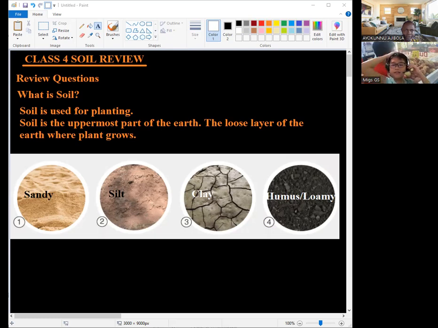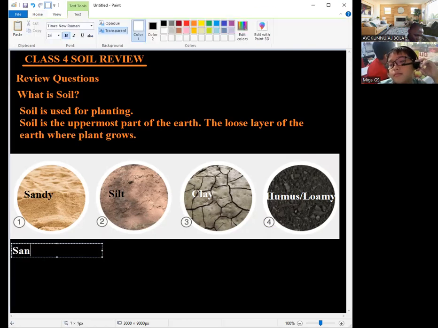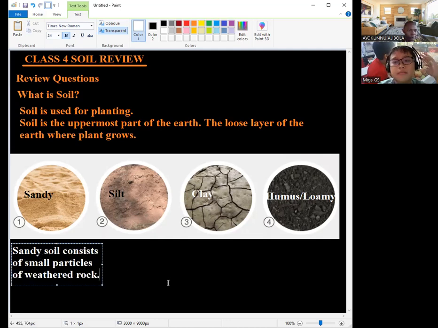Now, sandy soil consists of small particles of weathered rocks. Let me write that. Sandy soil consists of small particles of weathered rocks.